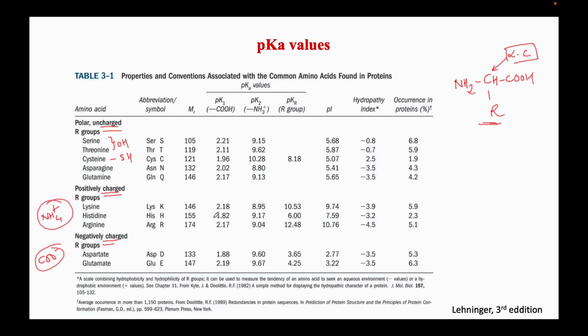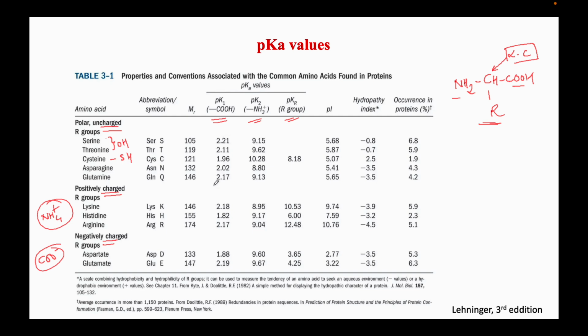We don't need to remember all the pKa values of all these amino acids, because we can assume them. In an amino acid we have a carboxyl group, an amino group, and an R group, so we have the pKa of the carboxyl, amino, and R group.